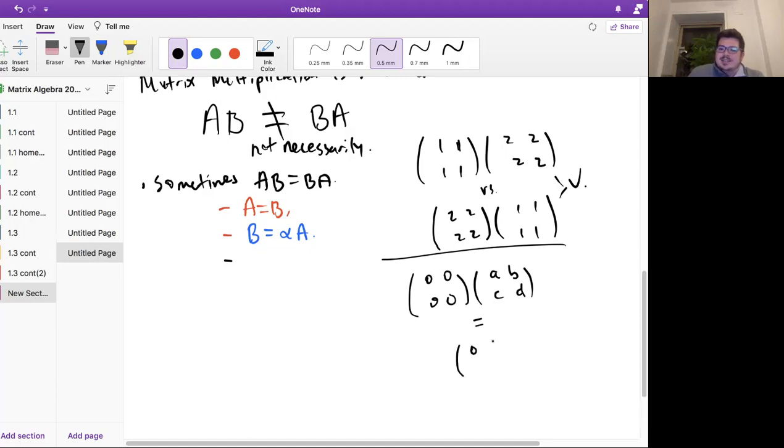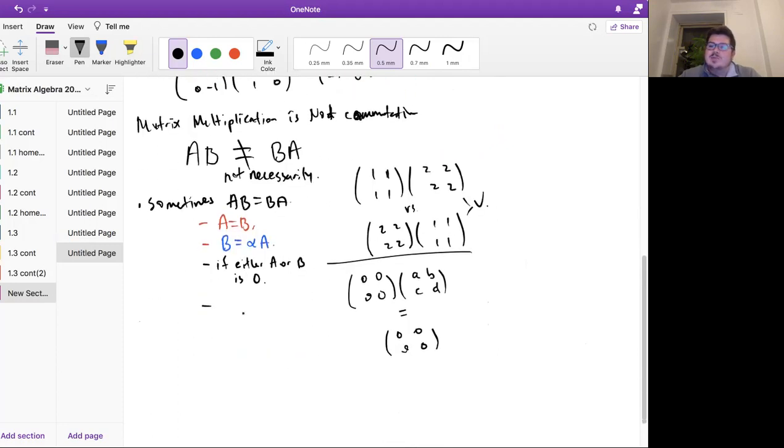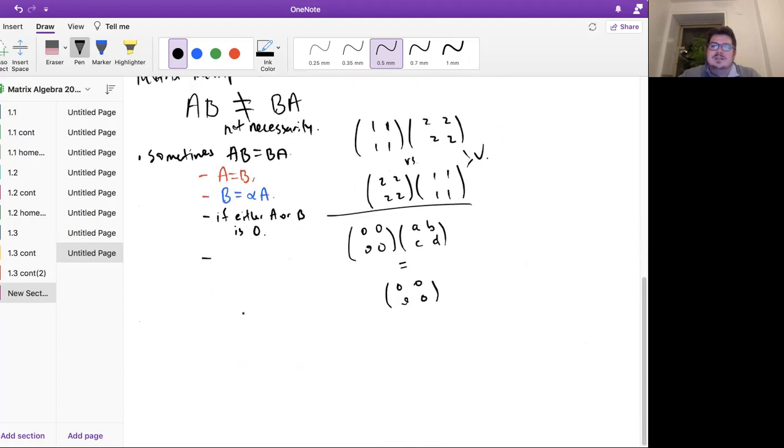Yeah, all you're multiplying is 0. So if either A or B is 0. And there's one other one. I mean, there's plenty more, but there's one more obvious one.